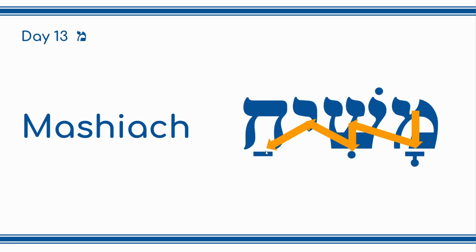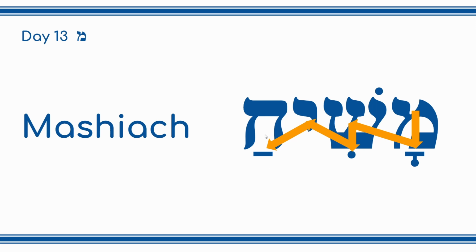But if you open up a Tanakh or books with the vowels in them, you'll see that this will be slightly moved over to let you know that you have to say this vowel first, which is why I have the A over here, and then the ch sound. You can see how it's transliterated. So you go ah, and then ch, ach. You have the ah, and then the ch sound.